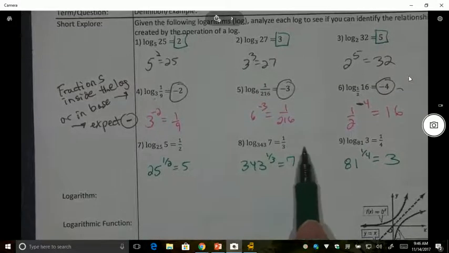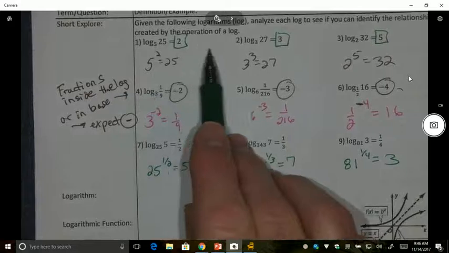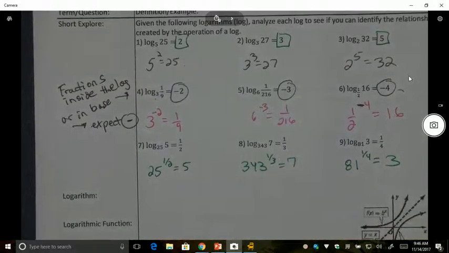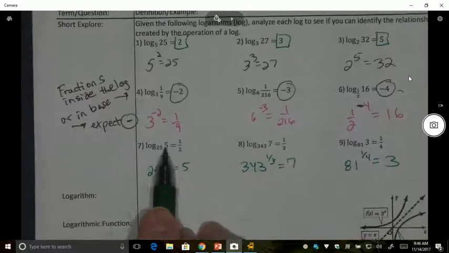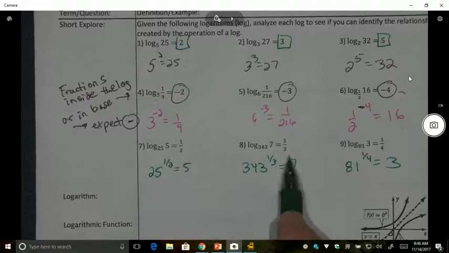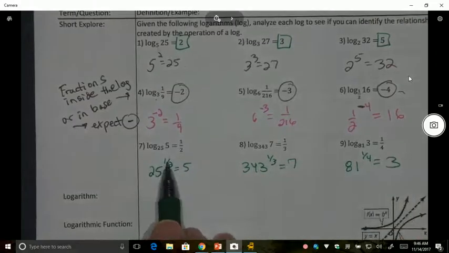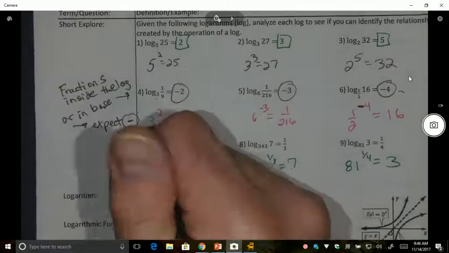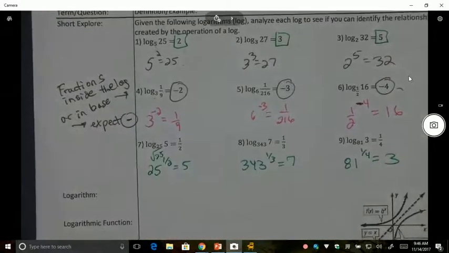What about down here? Does anybody notice what's different about these than the ones in the first row? Yep, the base is bigger than the number inside the logarithm. And so when the base is bigger than the number inside the logarithm, we're going to have a fractional exponent. That fractional exponent is actually the root, right? This is 25 to the 1/2, which is the square root of 25.